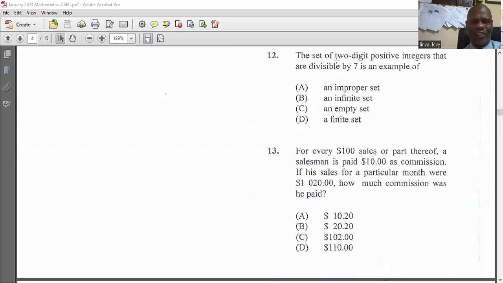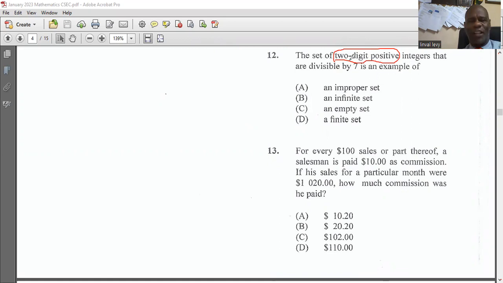But in this case, note what it says here. It's 2-digit positive integers. So this is key. So all of these numbers must be less than 100, right? So from 10 to 99.